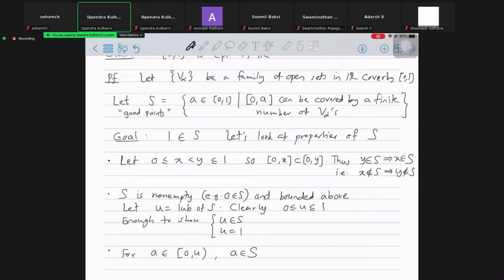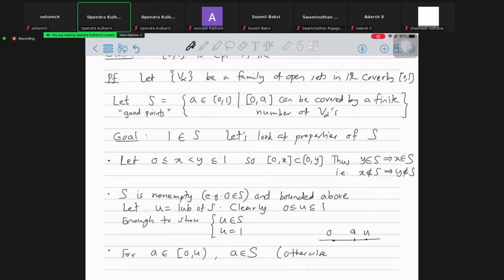All right. So let me write it in this fashion. Otherwise, looking at the first dot, I'm in this situation, right? So this is U. This is 0. And this is A. If A is not good, then what does the contrapositive state? Look at the IE part above. If A is not good, then everything above A is also not good.